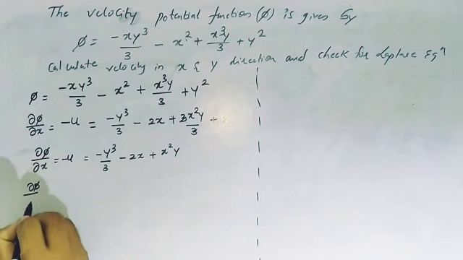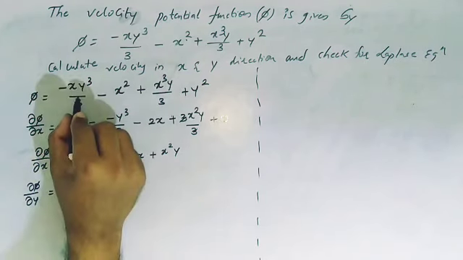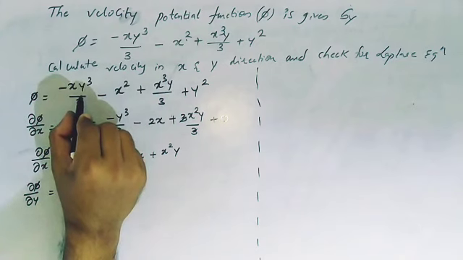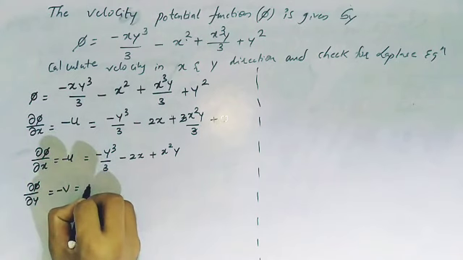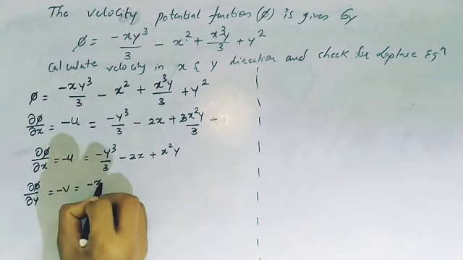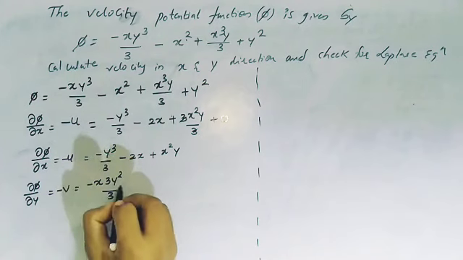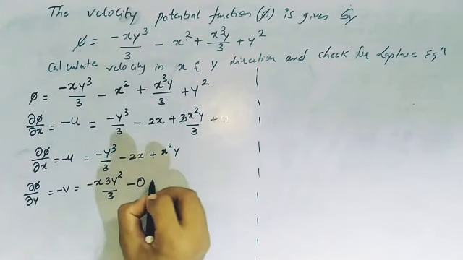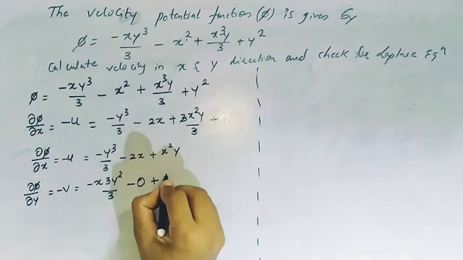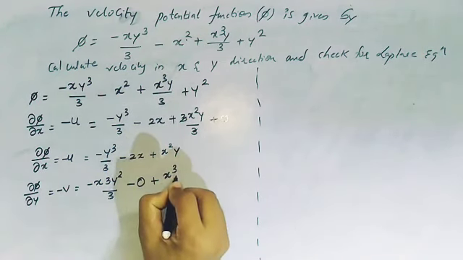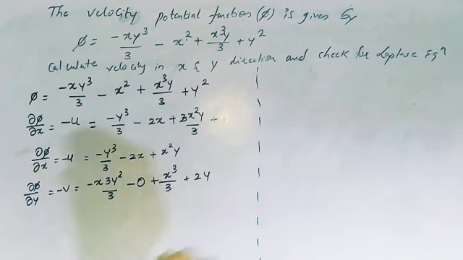Similarly, dou phi by dou y is equal to minus v. Now partially differentiating this phi equation with respect to y, it will be minus x into 3y square by 3, minus 0 as there is no y term, then plus x cube by 3 plus 2y.